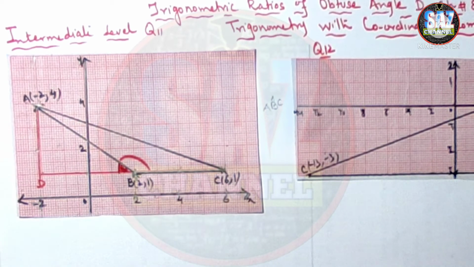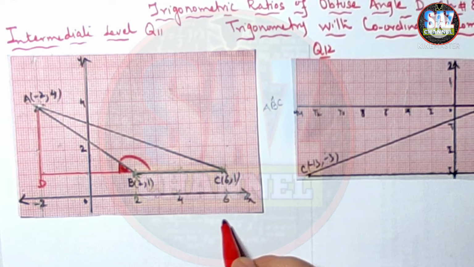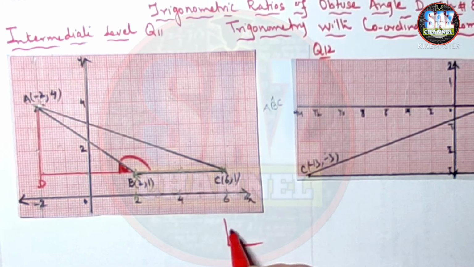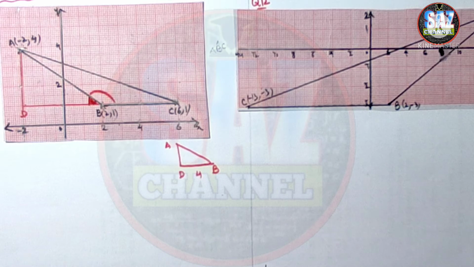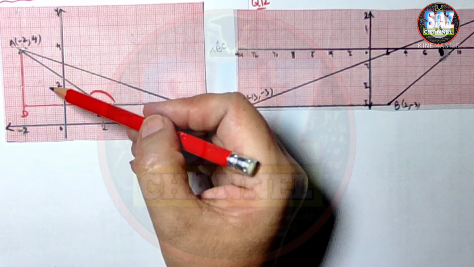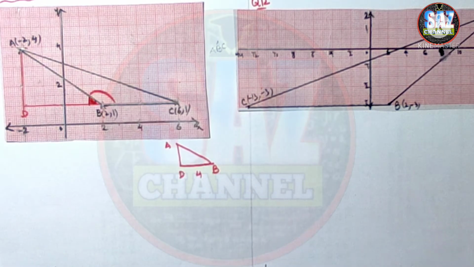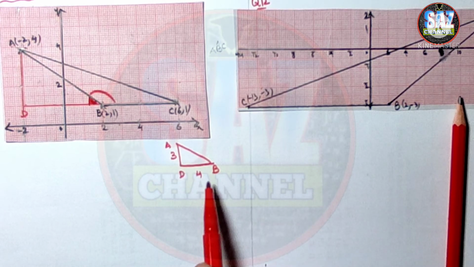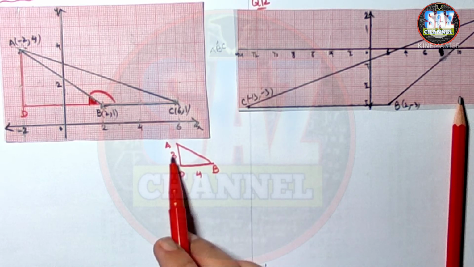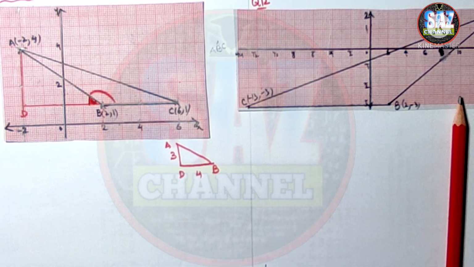It means the base, or adjacent, of that acute triangle BDA is 4. And the height is 1, 2 and 3 blocks, height is 3 blocks. So if we apply Pythagoras, 4 squared plus 3 squared is 16 plus 9, 25, and hypotenuse will be 5.